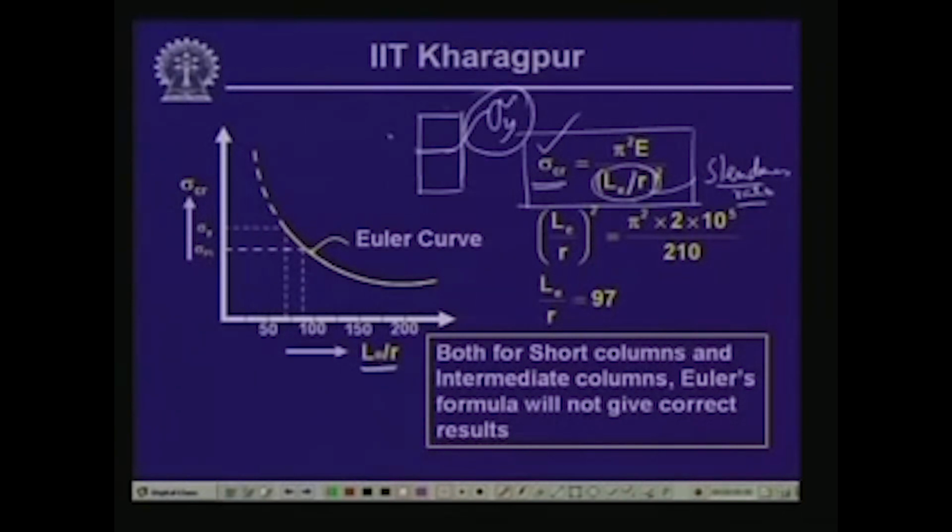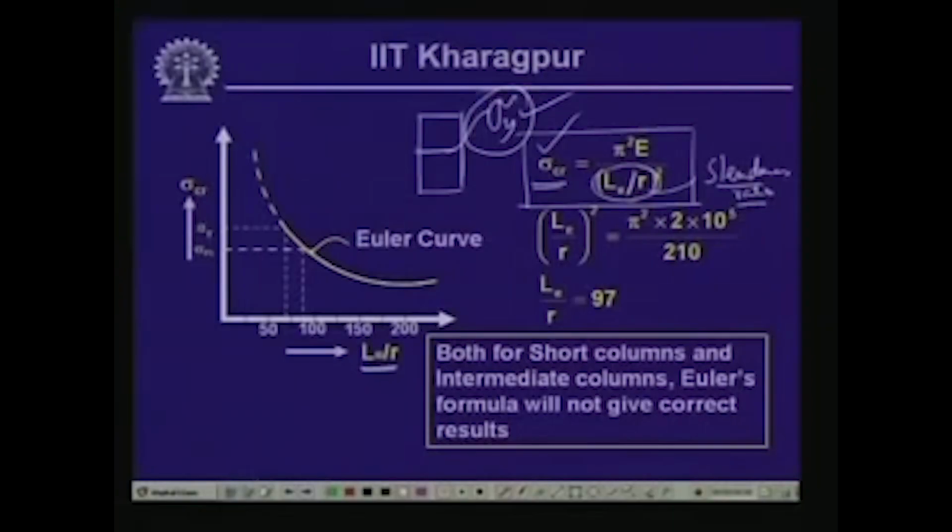The yield stress is the critical value, because once the member reaches the yield stress, the material is going to yield. As we have discussed earlier, for a short column subjected to axial load, or even if the load is eccentric, it is going to give you the axial load and the bending.